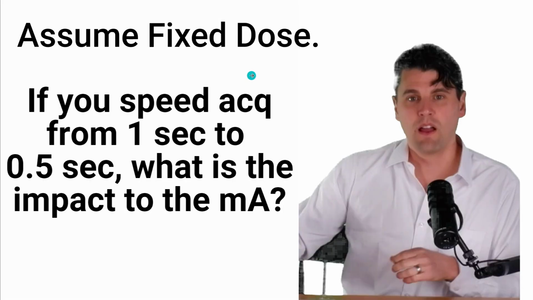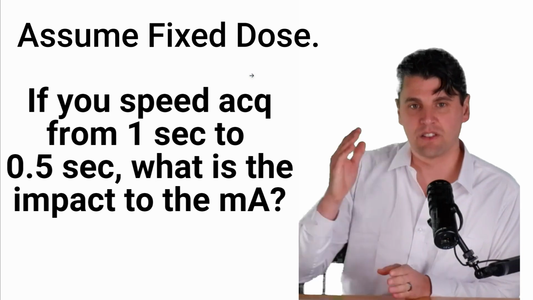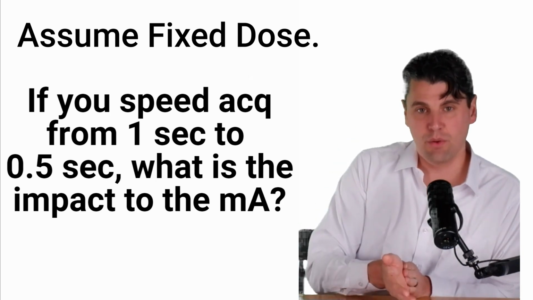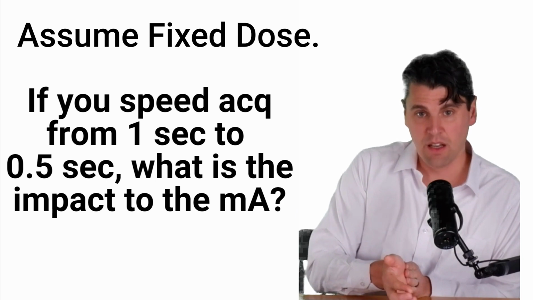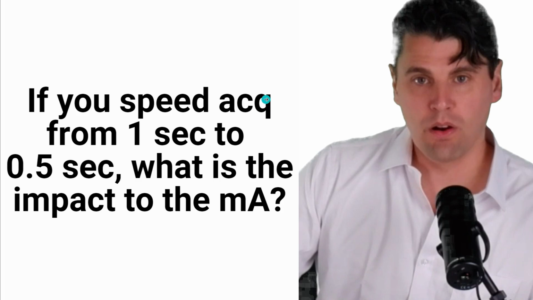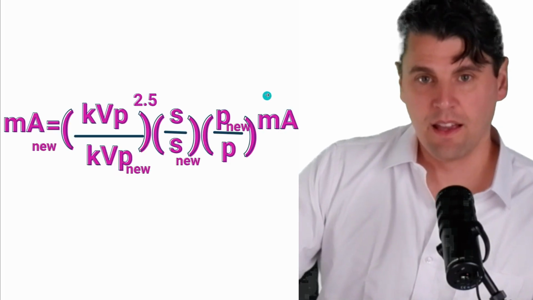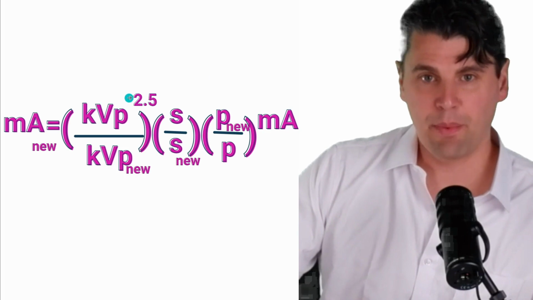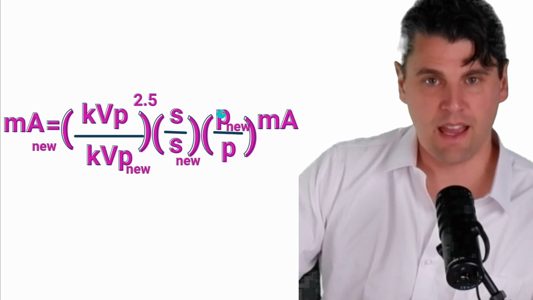Next, we'll solve some potential problems that you could have on a test or that you're actually dealing with at the scanner in real time. If the speed of an acquisition starts off at 1 second and then you change it to a half-second acquisition, what is the impact going to be on the MA? So we'll go to our equation here, and the kVp term, nothing happened to that term. The pitch term, nothing happened to that term.